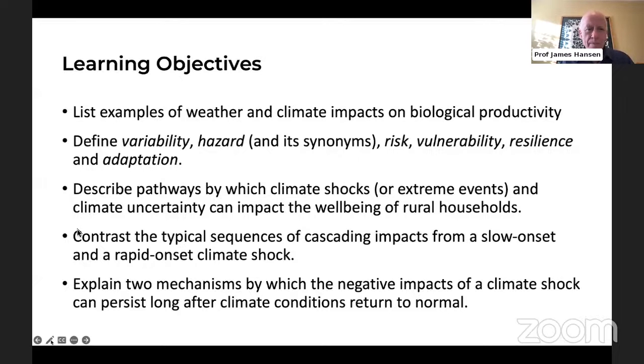You should be able to describe pathways by which climate shocks or extreme climate events and climate uncertainty can impact the well-being of rural households, to talk about the impacts of a slow onset shock and a rapid onset shock and differentiate between the two, and to identify 2 mechanisms by which the negative impacts of a climate shock can persist long after climate conditions return to normal.